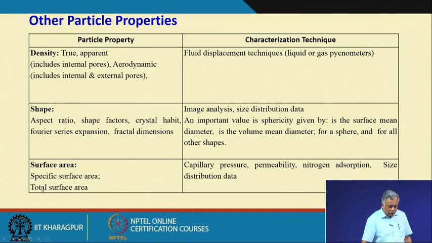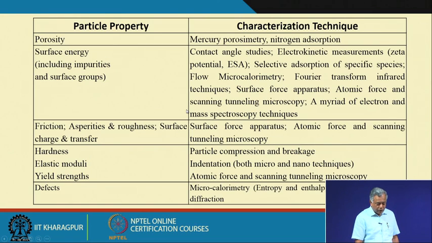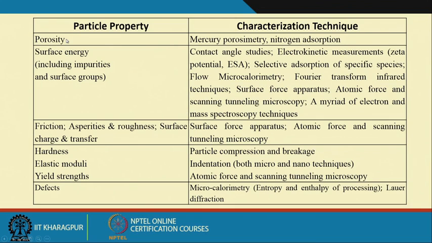Whether we want a total surface area or specific surface area, we have to be very clear depending on the requirement. Then the porosity, many a times we need to know the porosity, for which we use a mercury porosimetry technique or maybe nitrogen adsorption technique. Why is porosity required?